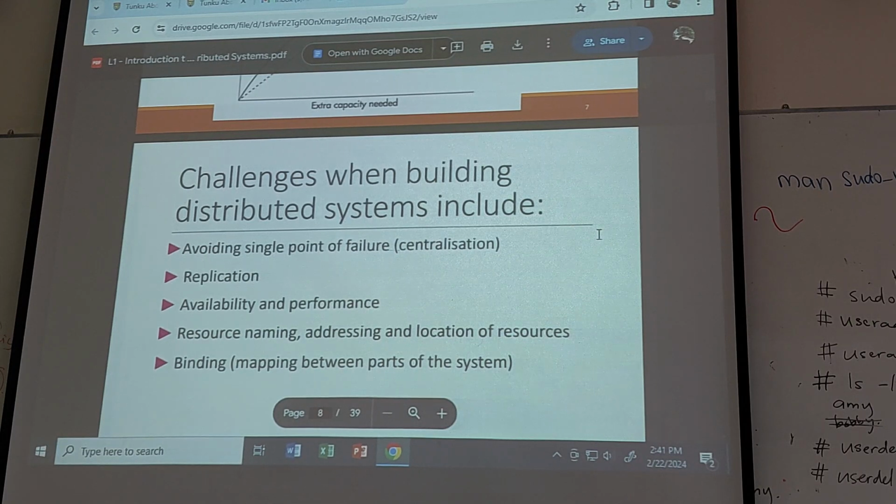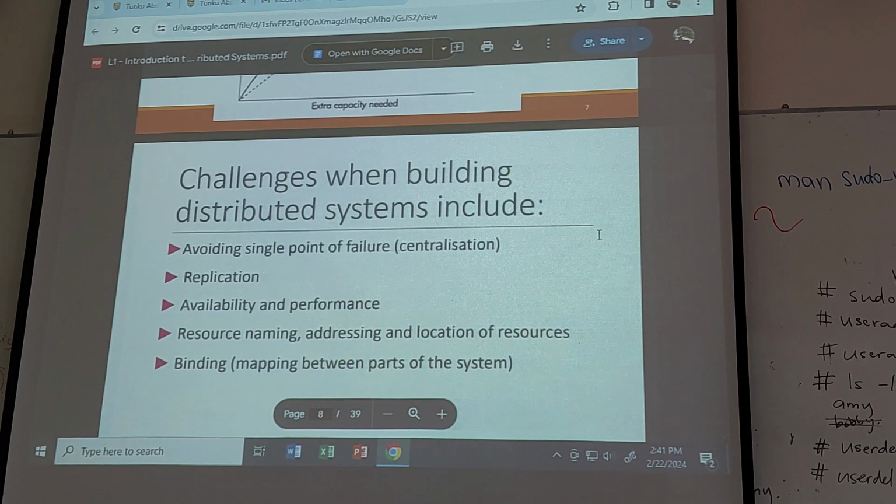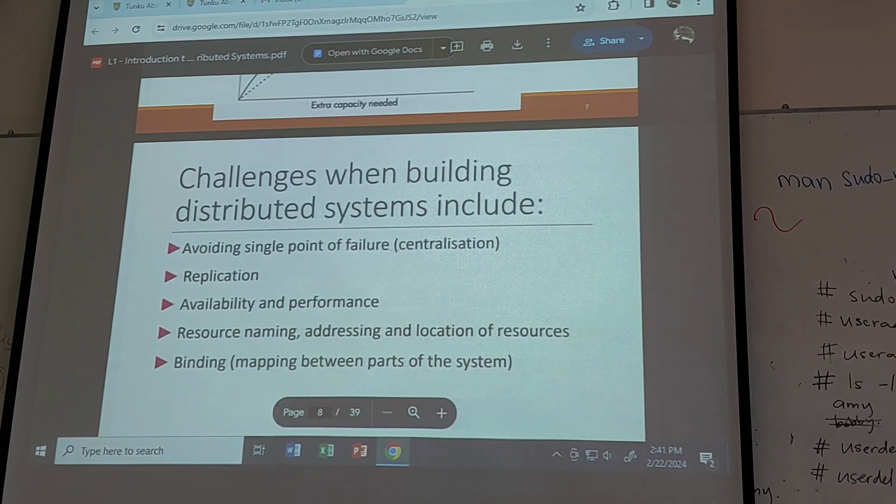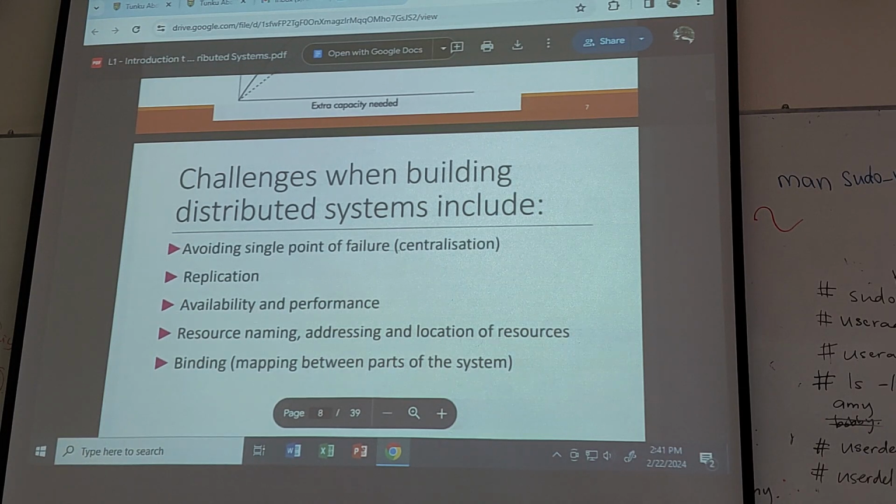Because if you have to know, then your user experience becomes pretty bad. Because right now you have to figure out which server should I go to, right? So in this case here, the addressing, the location of the resources, should be transparent, meaning that the users do not need to know all this, and whenever the server changes to a different location or the IP address has already changed, it will do it automatically without you knowing.